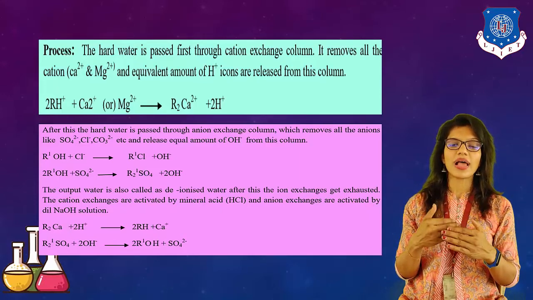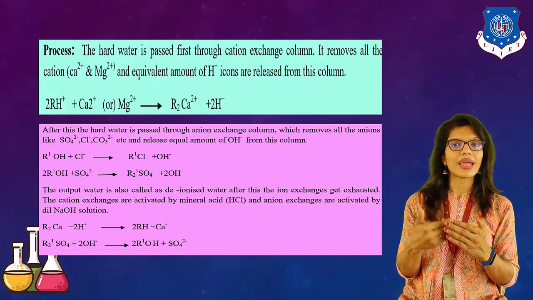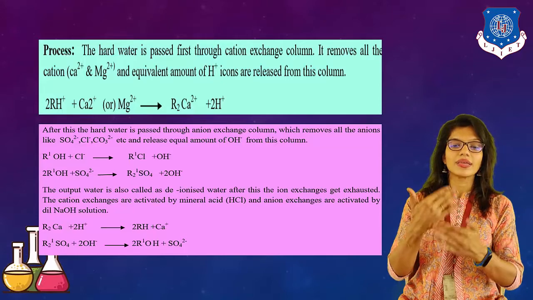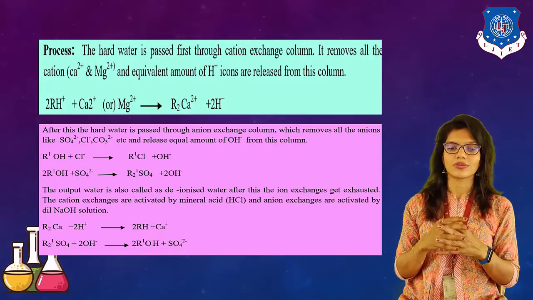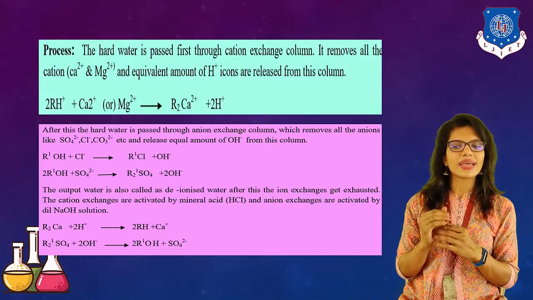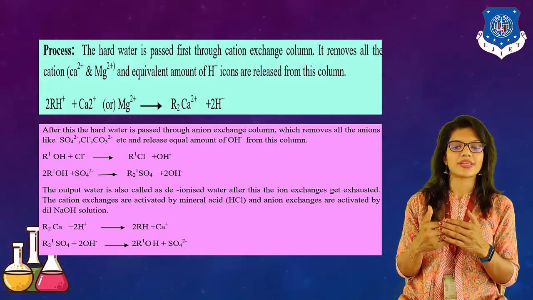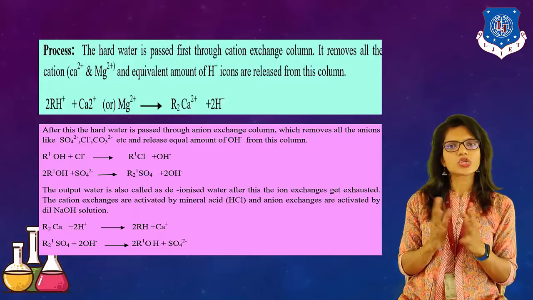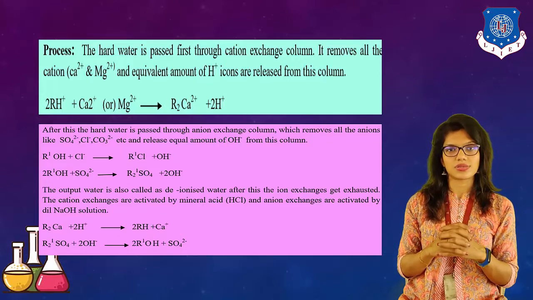In this manner, continuous removal of anions and cations occurs. The output water is known as deionized water. Once the ion exchangers are exhausted, we can again pass solutions of HCl and NaOH to revive them. Understood properly, we can revive them.